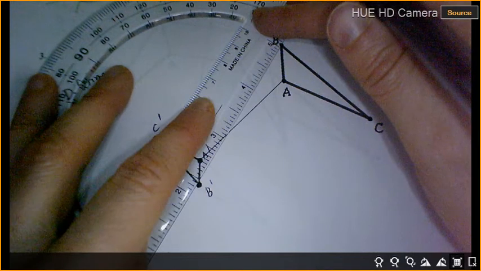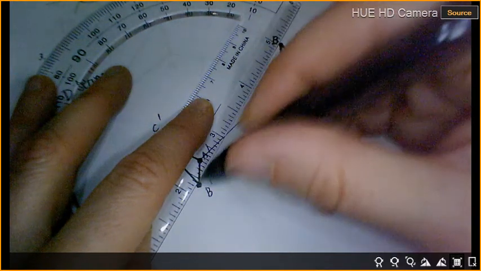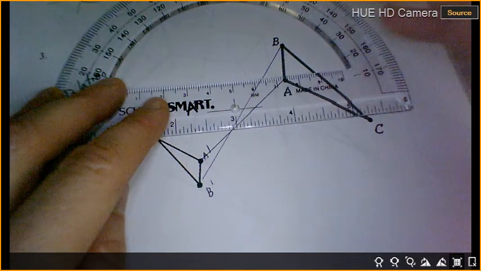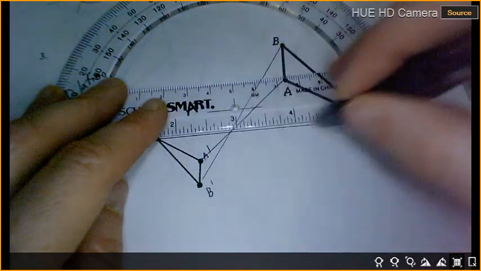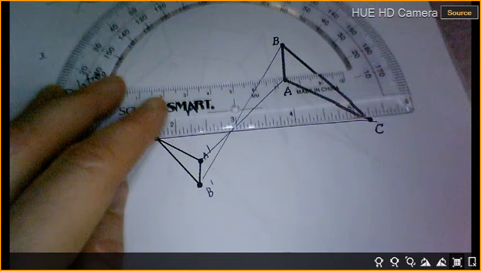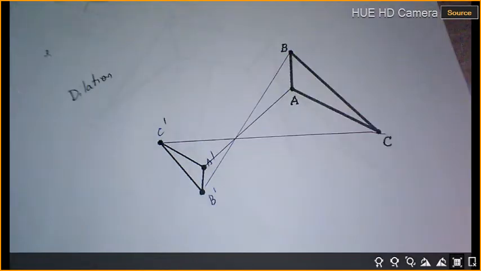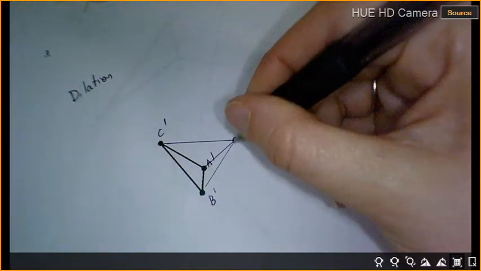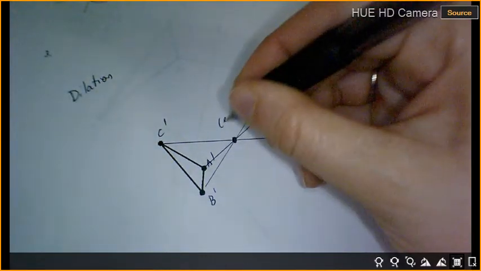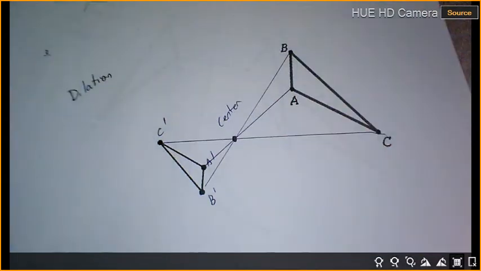How did you guys recognize so easily that this was a dilation? It changed size, right? If it changes size, it's got to be a dilation. So for dilation, we have to talk about our center of dilation, which is right here, where they all intersect.